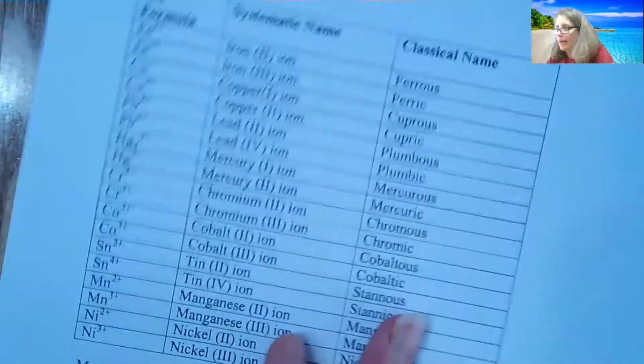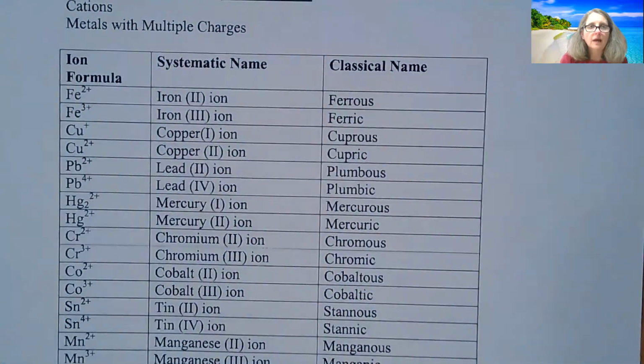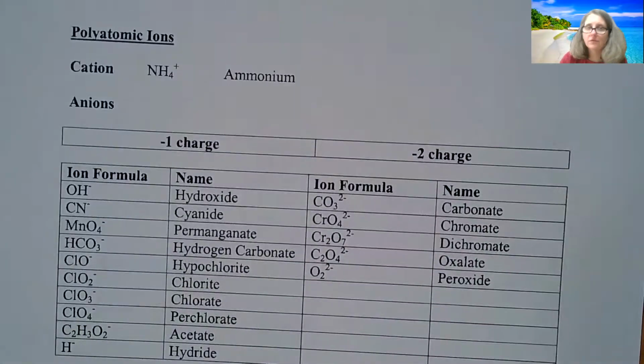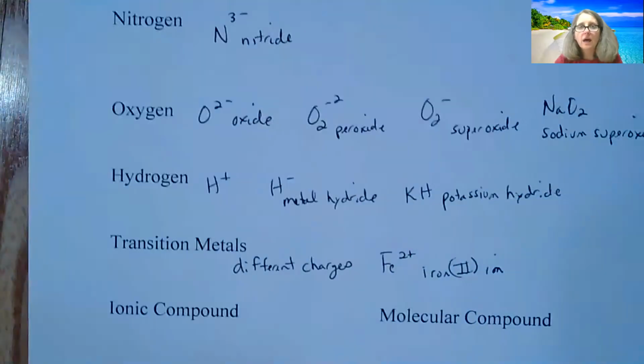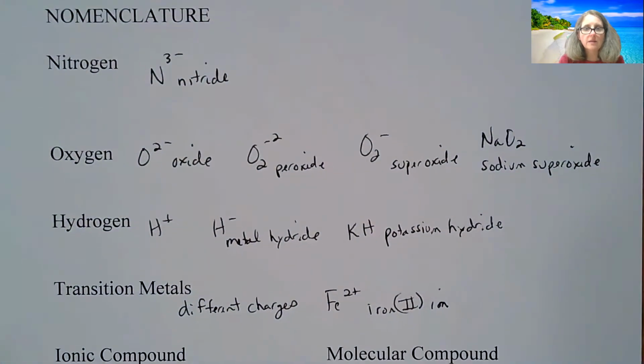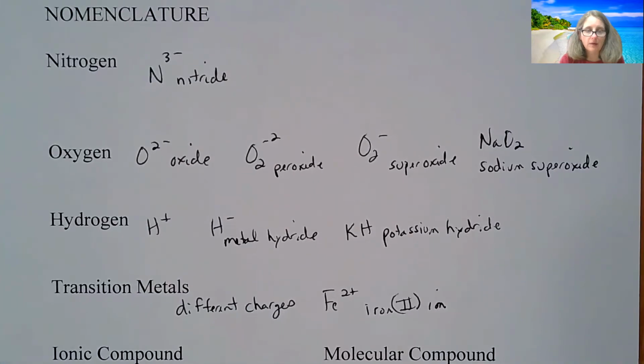So then going back to what I gave you for review, we're going to talk about some of the ions that I had you look at in your summer packet, so you may want to pull that out. Just some general things and some additional information about nomenclature that you need to be familiar with.